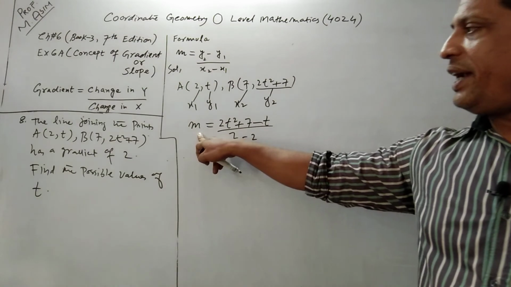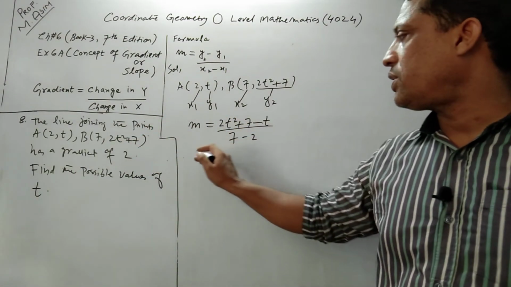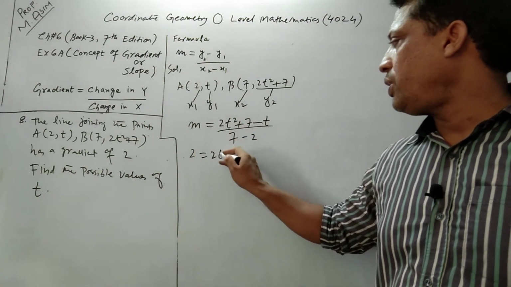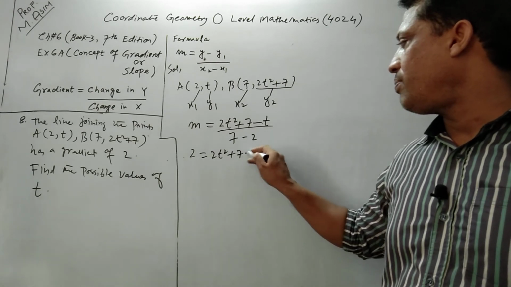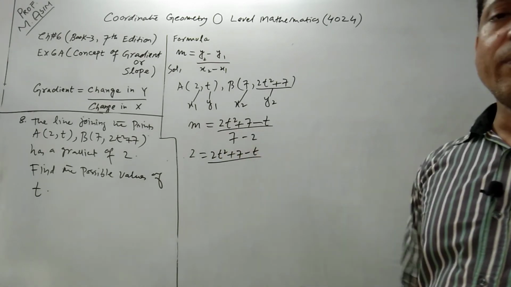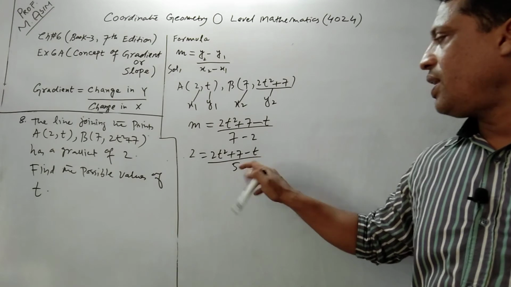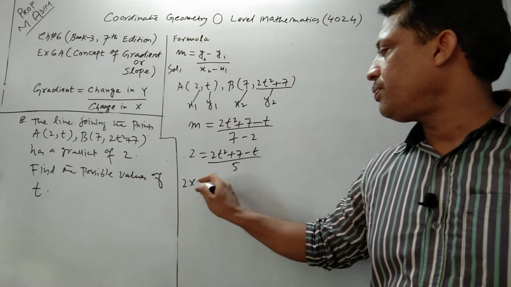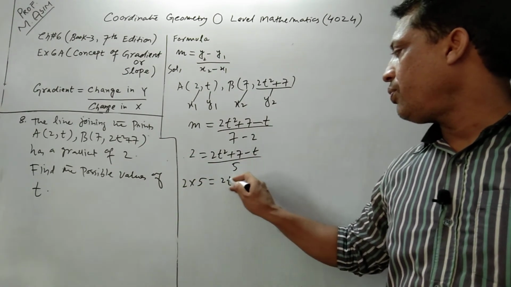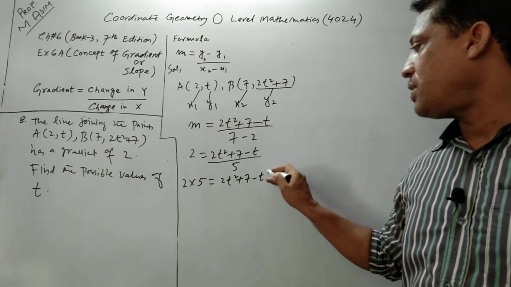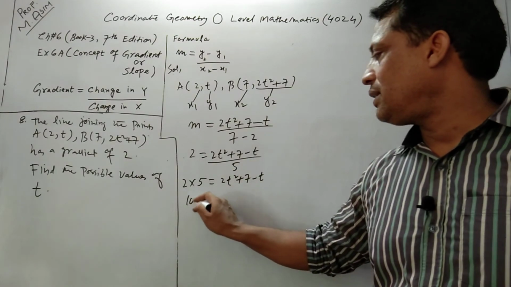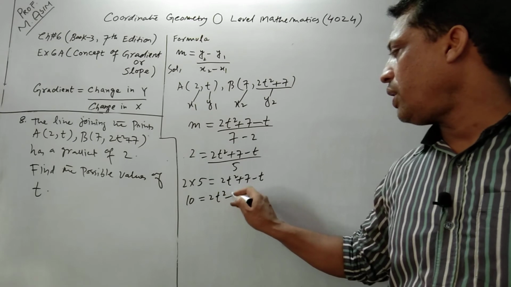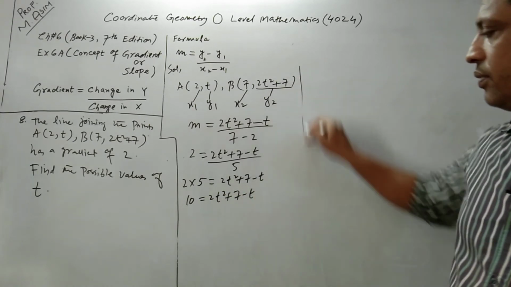And the value of the gradient is given, which is 2. So 2t square plus 7 minus t upon 7 minus 2, which is 5. Then 5 multiplied by 2 is 10, equals 2t square plus 7 minus t.